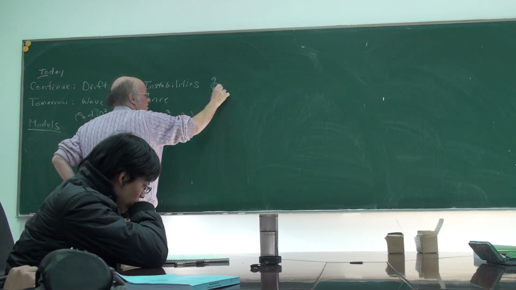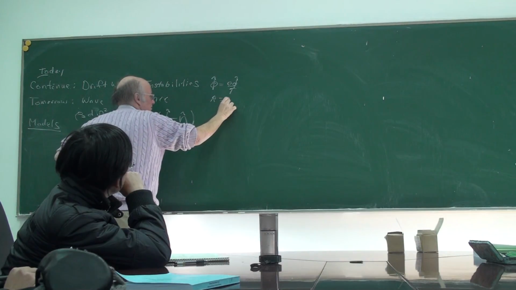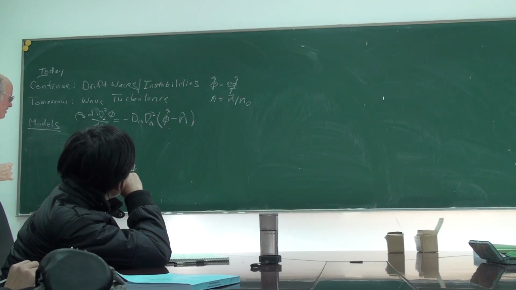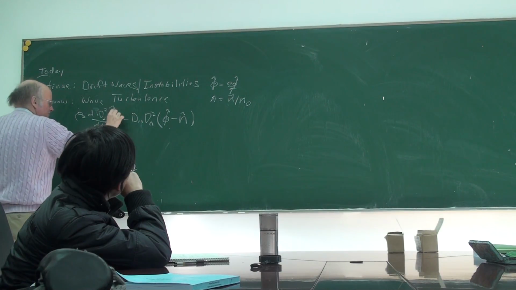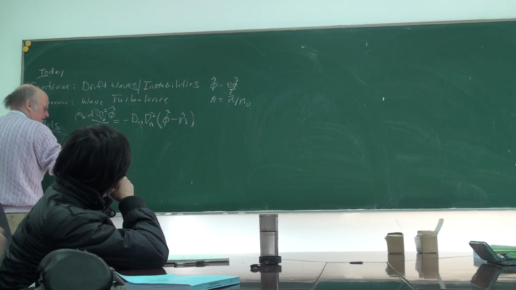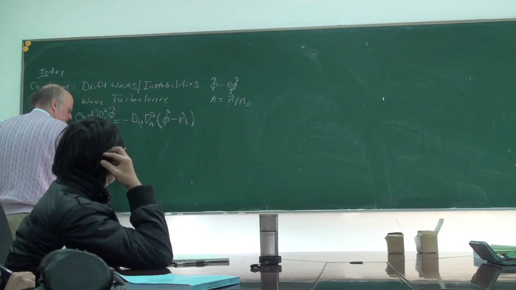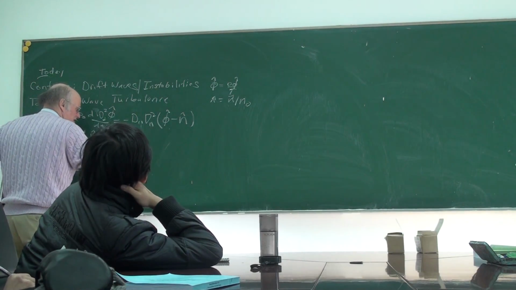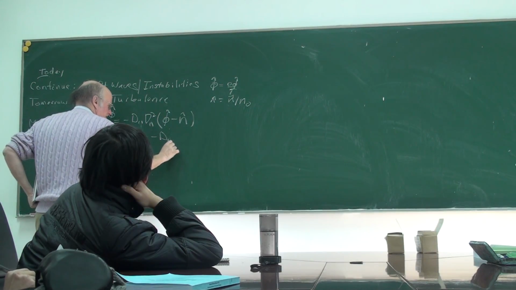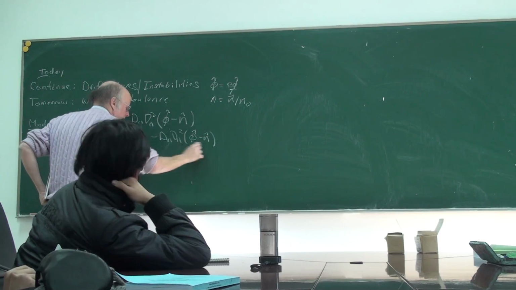Everybody knows it is e phi over T. And n hat, I'm going to stop writing, is n tilde over n naught, and all this good stuff. And this is the vorticity equation, and then we have d by dt of n hat plus what amounts to d star dy phi hat is equal to minus d parallel del parallel squared of phi minus n, right?